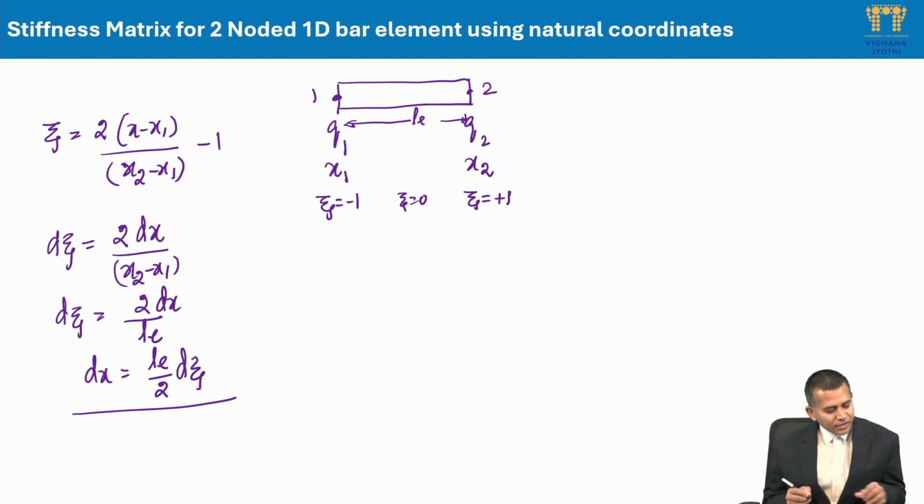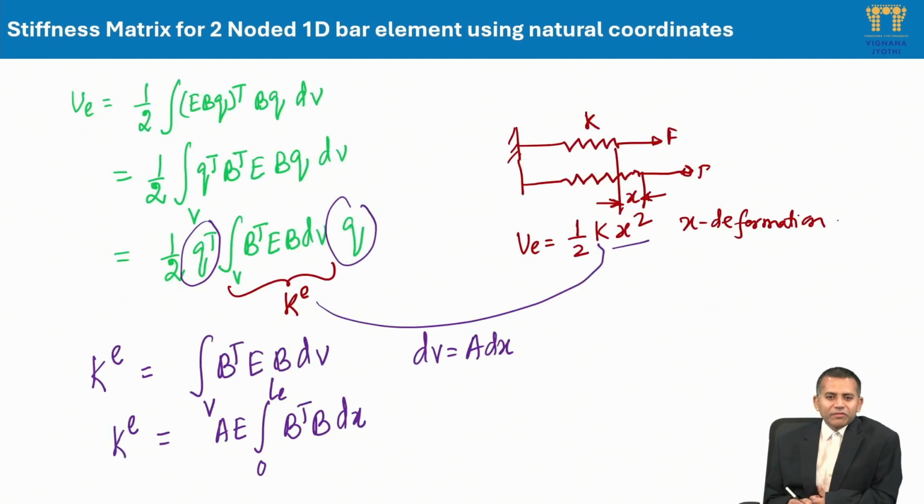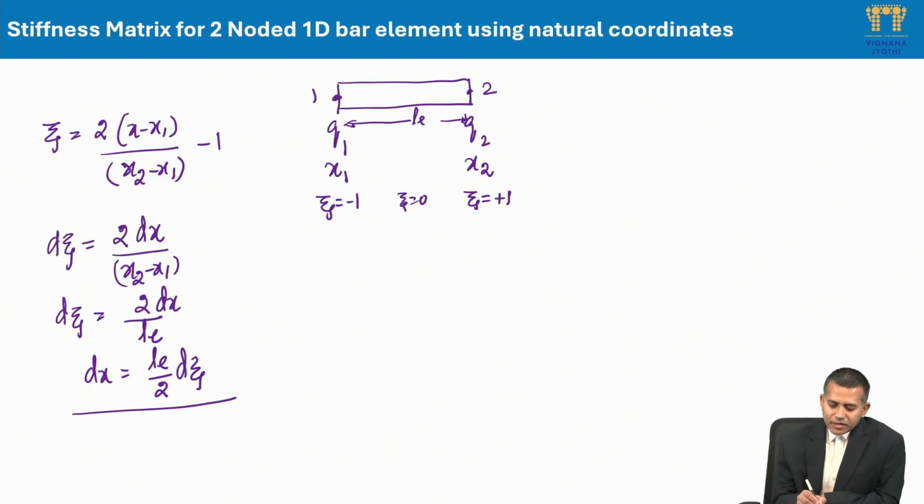Once you know that, you can substitute in your previous expression, where we have the integral from 0 to LE of B transpose into B into dx. Now you replace the dx with zeta and change the limits from 0 to LE to minus 1 to 1, which are the values at node 1 and node 2 for this natural coordinate system.